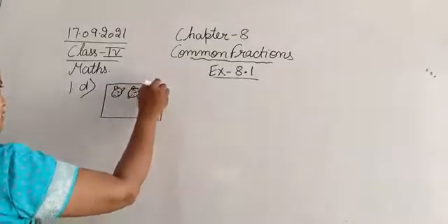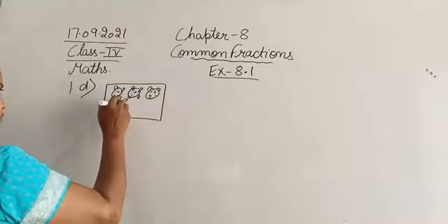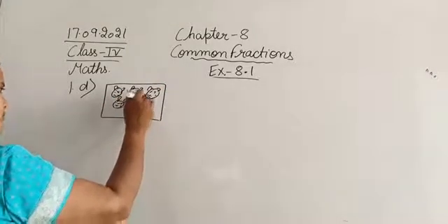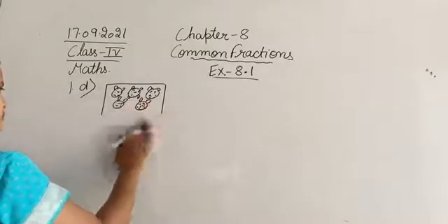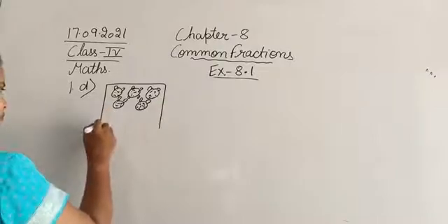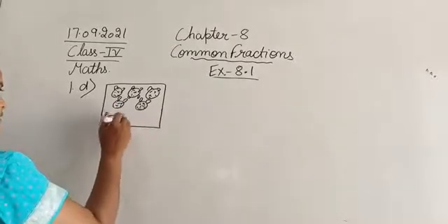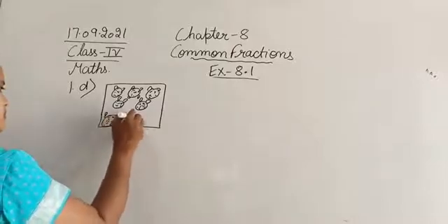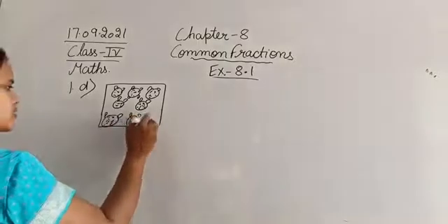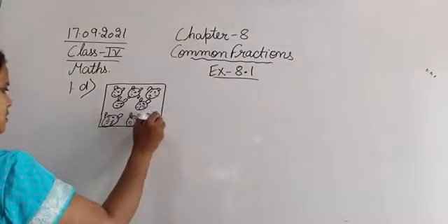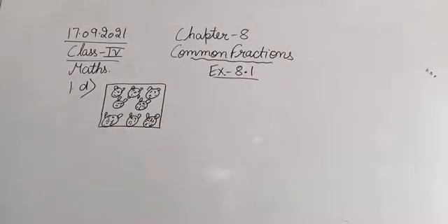So the insect is there, 3, 4, 5, 6, 7 and 8.